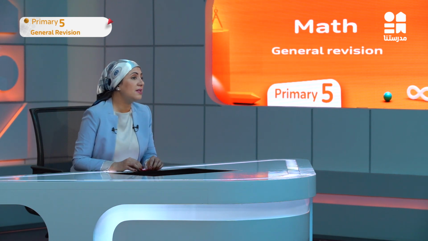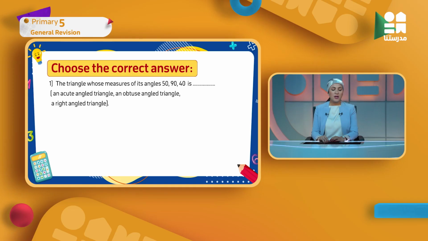At this point, I don't have to continue any further. If one of the angles is 90 degrees, it tells me, of course without thinking, that this is a right angle triangle, because one of its angles is 90 degrees and I have two acute angles beside it. So of course, without thinking, it is a right angle triangle.